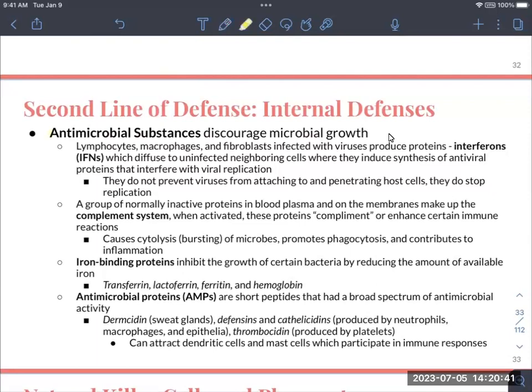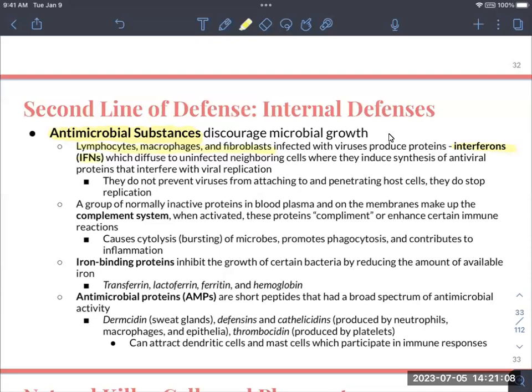So our system has a lot of antimicrobial substances. Some of these white blood cells, those lymphocytes, macrophages, and fibroblasts, if they get infected with viruses, we have these interferons.